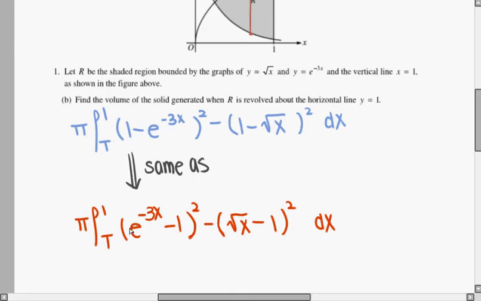Instead of having 1 in the front and subtracting e to the negative 3x, we're subtracting 1 from e to the negative 3x. And why is this okay? It's because we're squaring it at the end, so it doesn't matter what your value is, because once you square it, the positive or negative sign all becomes positive. So that's handy, and the AP test, they're okay with either choice since they're the same.